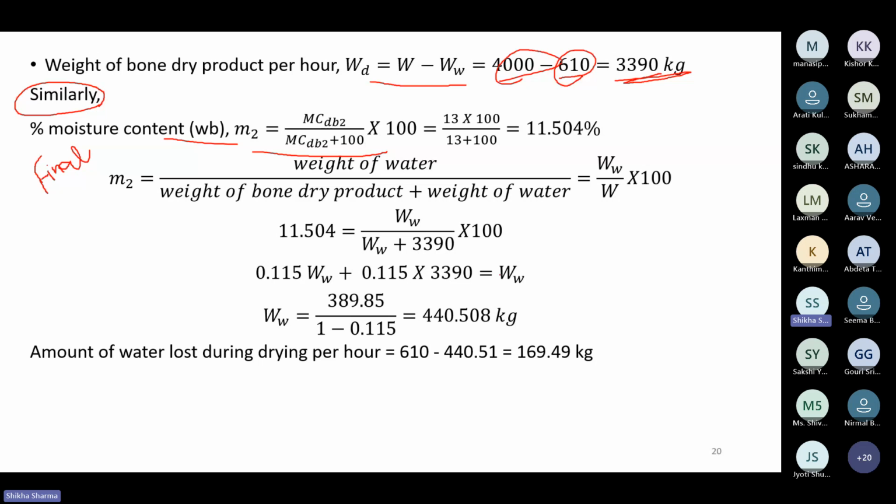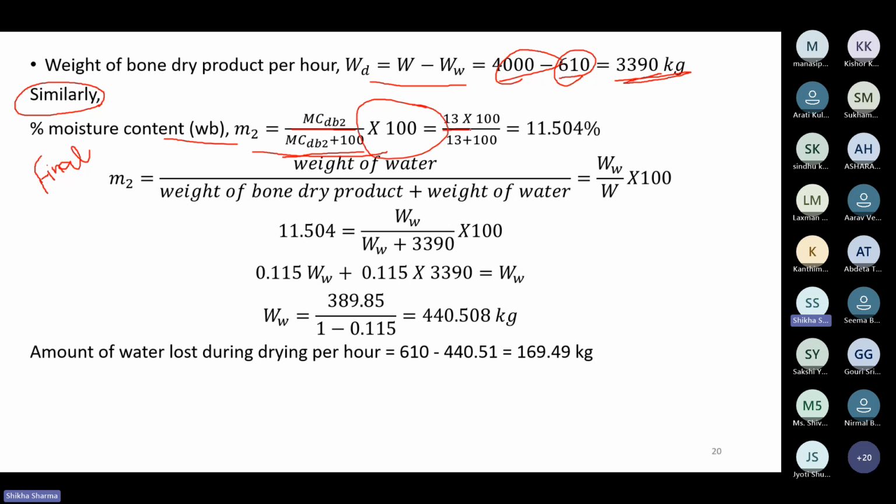So we are converting this into the wet basis, which is moisture content in the dry basis divided by moisture content in the dry basis plus 100, into 100, because we are taking it in percentage.